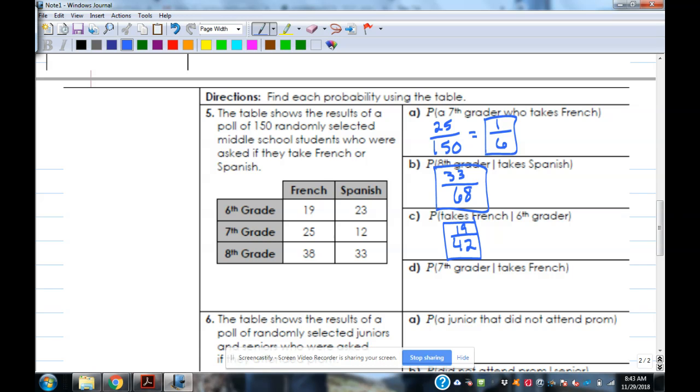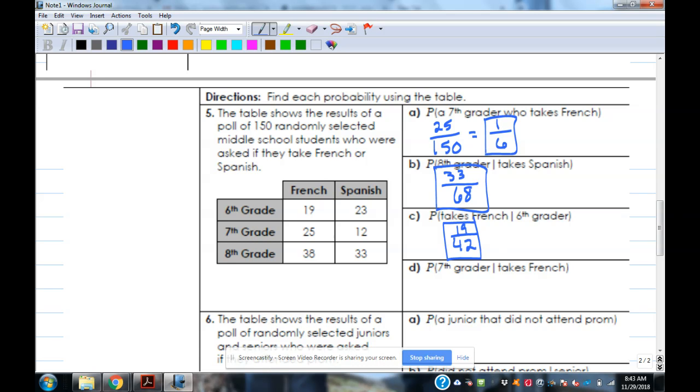All right. Part D says probability of picking a 7th grader given that they take French. So this is very similar to B part. What part of the chart are we looking at? The French column, right? Because it's given that they take French. So we know it's out of this.